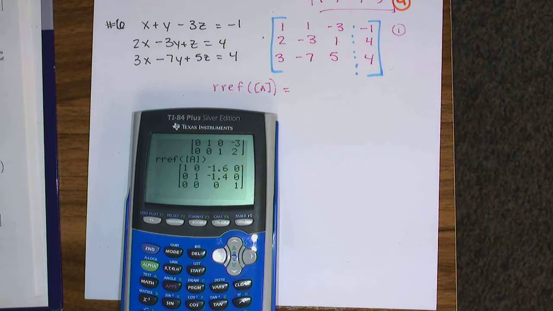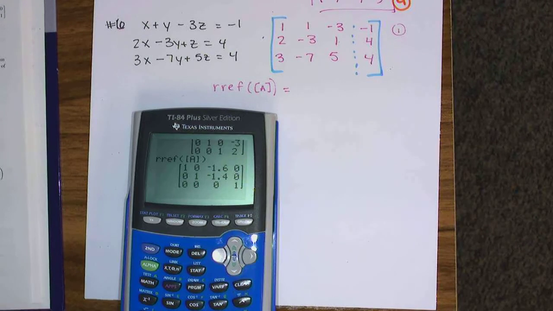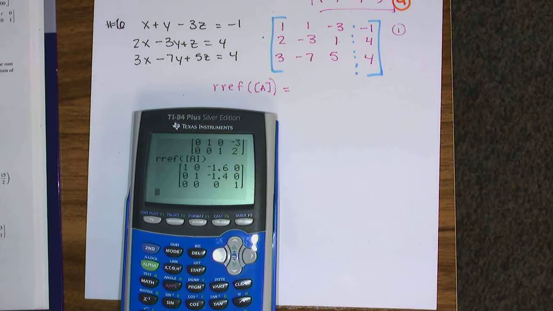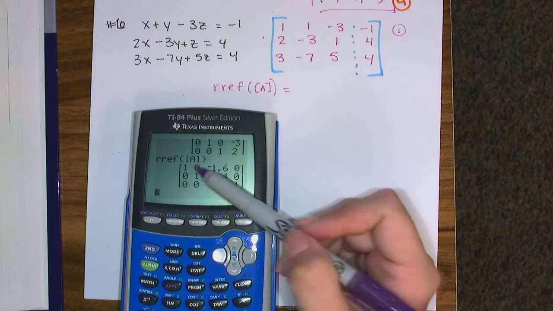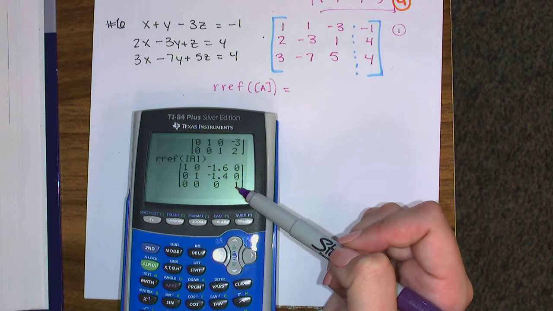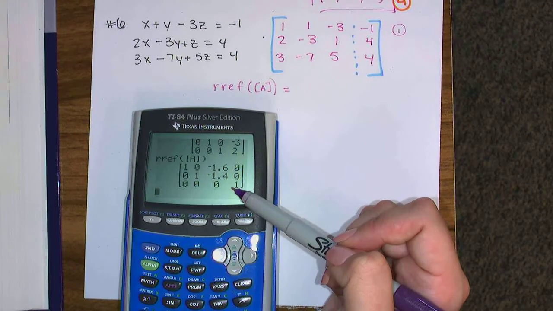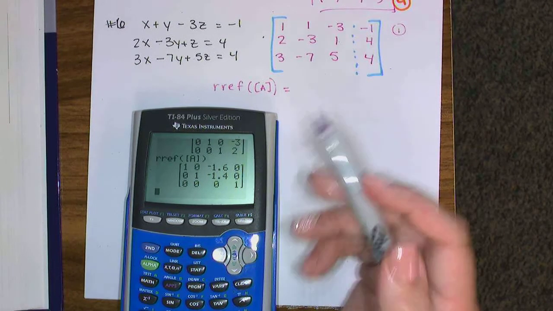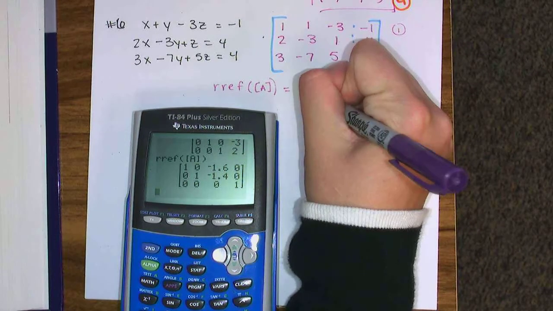Okay, but in this case, if you end up with something like this, because when we row reduce echelon form, we should have a 1, 1, 1, and everything else should be zeros except for our answers. This is going to be a clue to you here that it is no solution.